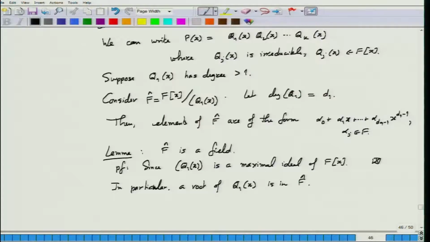Class corresponding to 0. That's not a root of Q1. No, Q1(x) should be, since you are quotienting with Q1(x). Yes, so that is the kernel, so it will map to 0 in F. Yeah, Q1(x) will map to 0, so that's fine. But in F hat, I'm claiming.